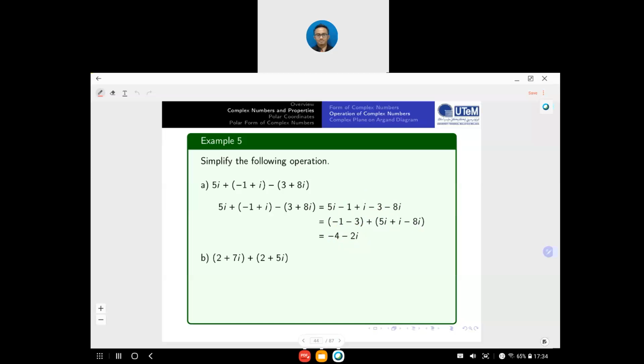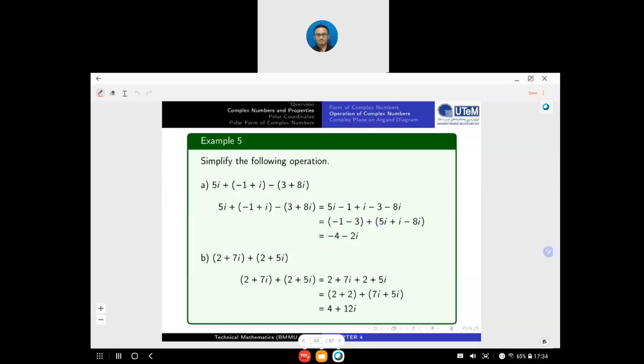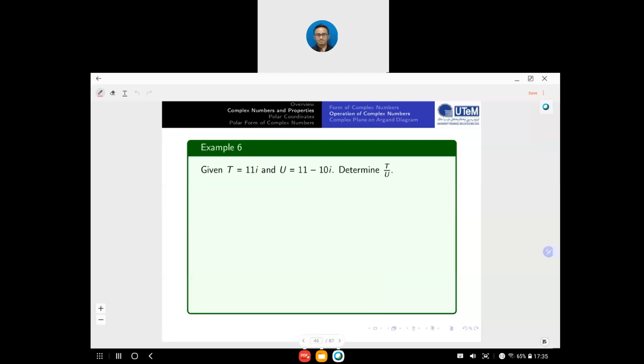Plus this one, plus 3i, and then times this one, it becomes negative 9i squared. Okay, because 3i times negative 3i becomes negative 9i squared. So if you solve this, negative 3i plus 3i is 0. So you get 1 minus 9i squared.